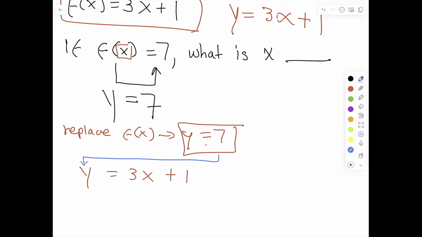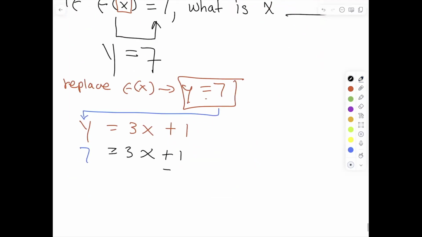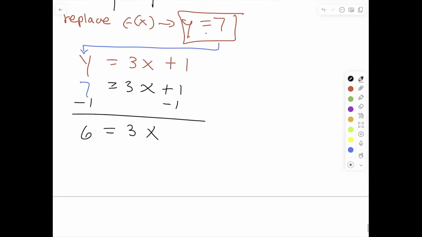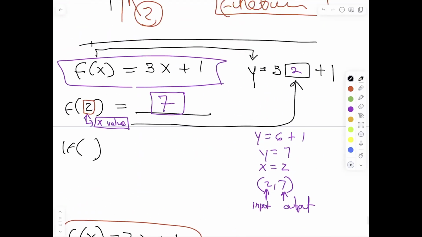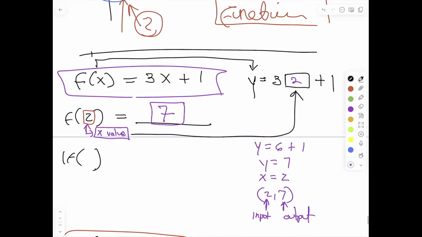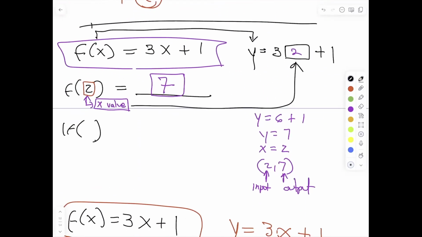Replace it. 7 is equal to 3x plus 1. Minus 1, minus 1. 6 is equal to 3x. Divide, so x is equal to 2. I'm back where I started, right? You need to understand input and output. And I did this before, but I wanted to remind you again of the significance.